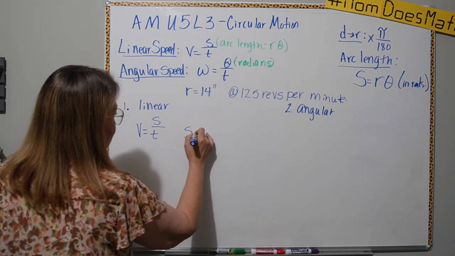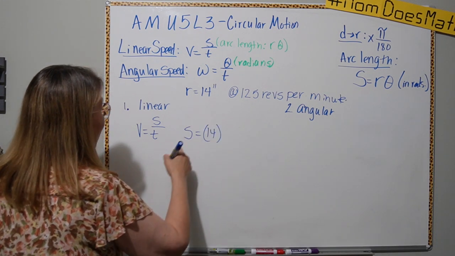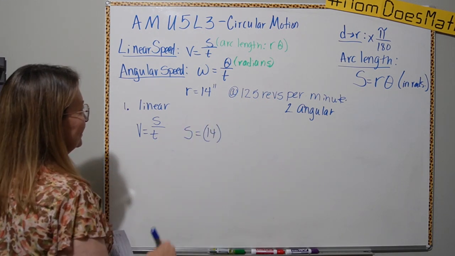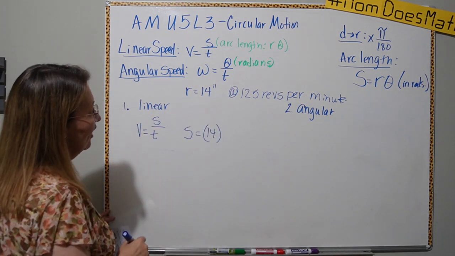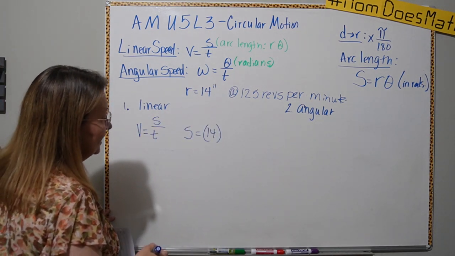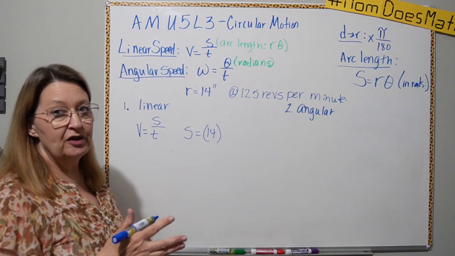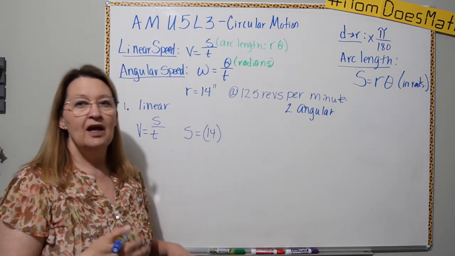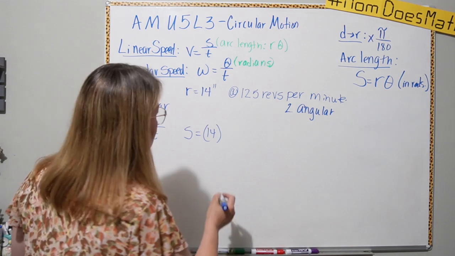So S is equal to your radius, which is 14, times your degree measure in radians. Well, if it's spinning 125 revs per minute, how much is one revolution? 2 pi, because we're using radians. If we use 360 degrees for a revolution, then we're just going to have to convert it right back. So let's go ahead and use 2 pi.